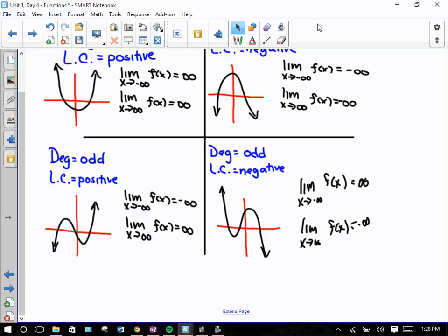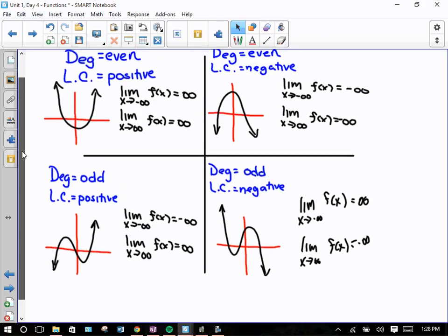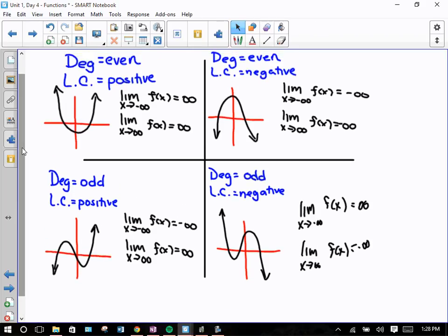Okay. Now, that's like a little shortcut, a rule for polynomials. Now, on your homework, you're given the graph, so you can just look at the graph. But that right there is something that's important to know. All right.